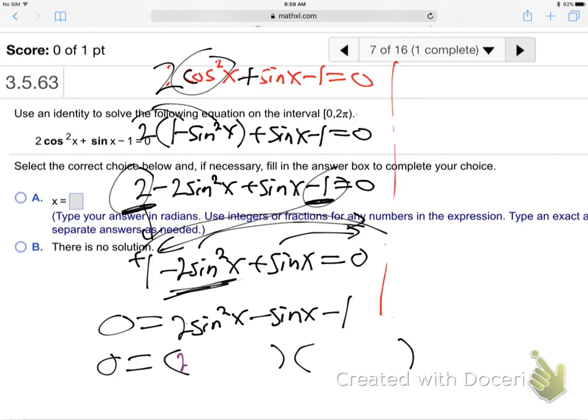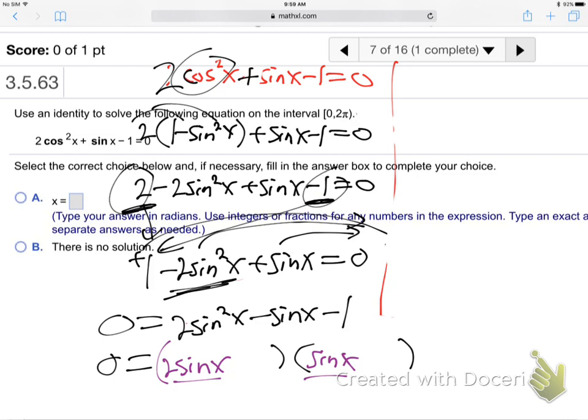So 2 sine and sine. That much has got to be right. We good there so far? It's got to be 2 sine times sine. Good to there. 2 sine times sine is 2 sine squared.